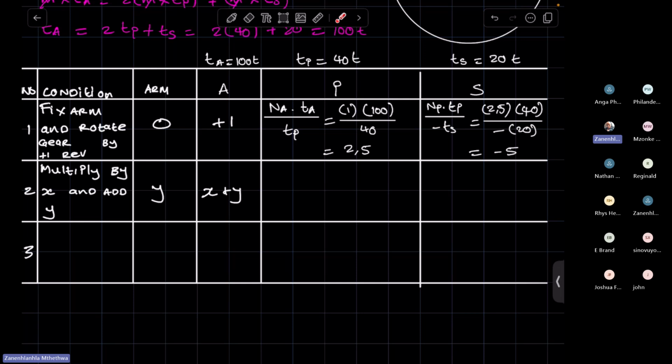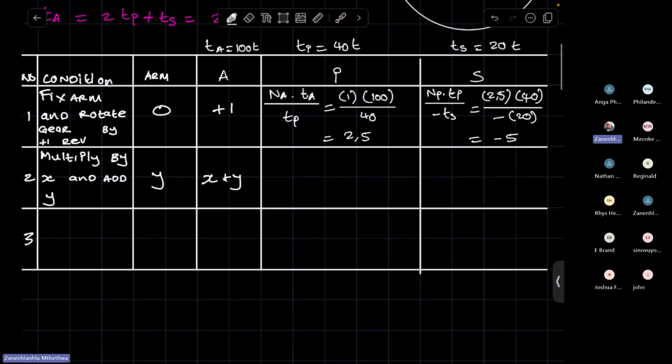So essentially, x times 0 is 0, plus y is just y. X times 1 is x, then you add y. Then x times 2.5 is 2.5x, then you add y. Negative 5 times x is negative 5x, then you add y. And the second condition is complete.